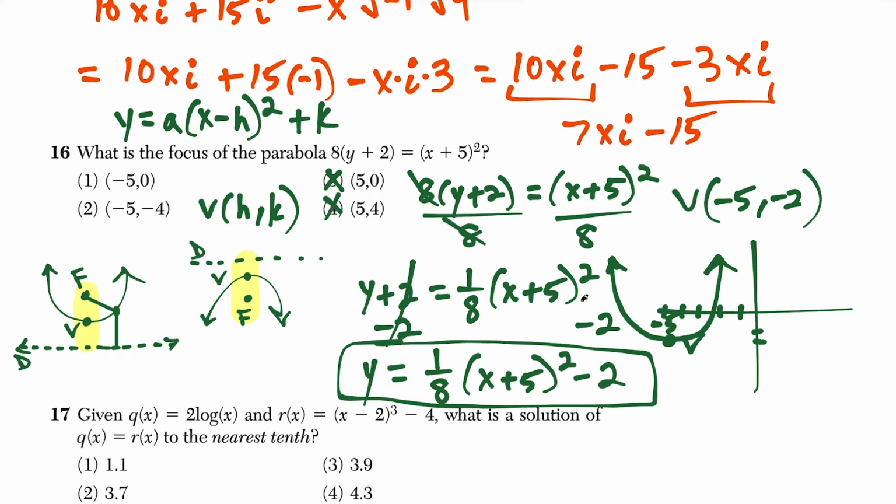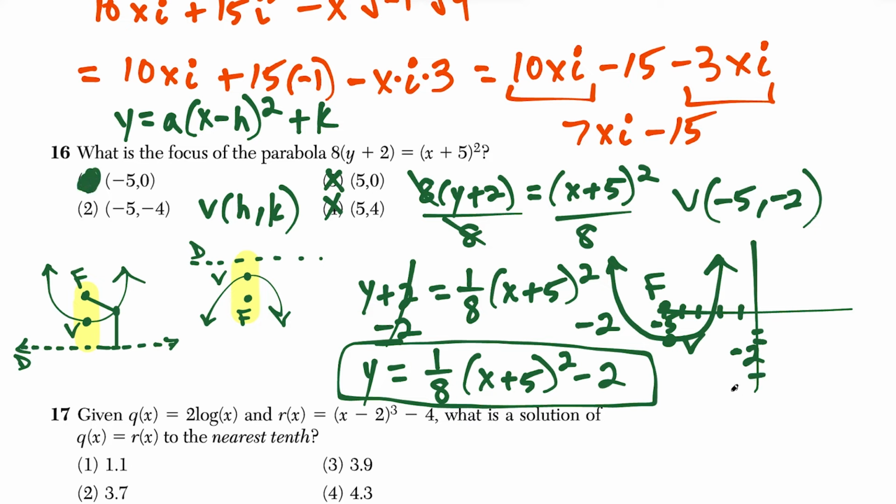So these two answer choices are out. Another thing too is that the focus has to be above the vertex if the parabola is smiling like this and the directrix is under. So if the vertex has a y value of -2, our focus has to be somewhere above. The y value has to be above -2. So that's why choice 1 would have to be our answer.